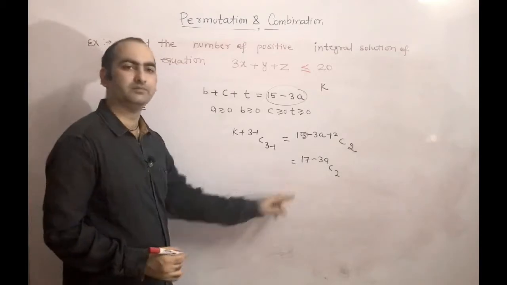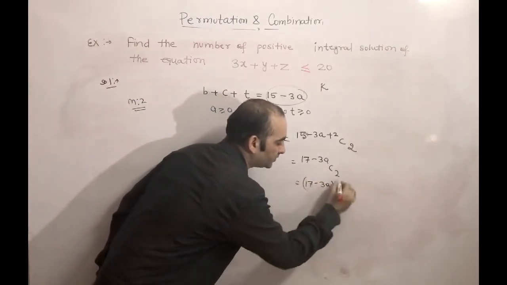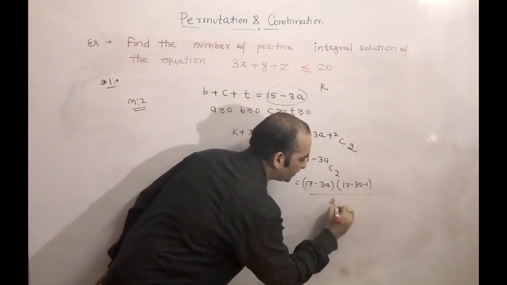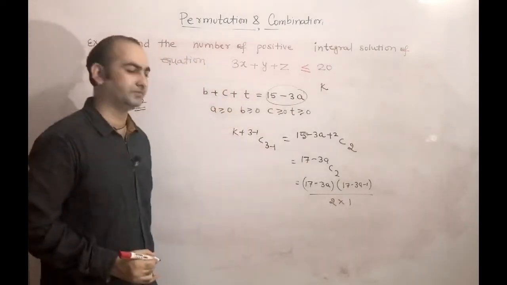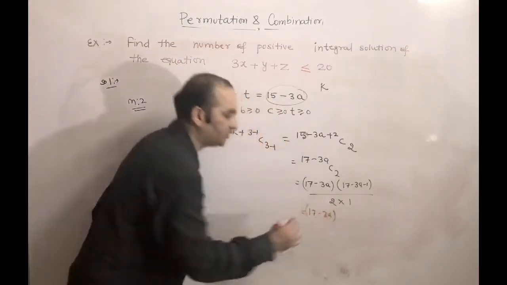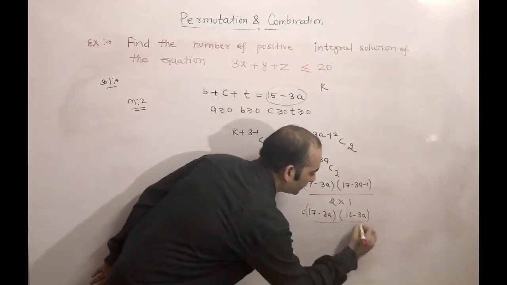If you simplify this, what will come? 17 minus 3A into 17 minus 3A minus 1, divided by 2 into 1. So this will come: 17 minus 3A into 16 minus 3A, divided by 2.